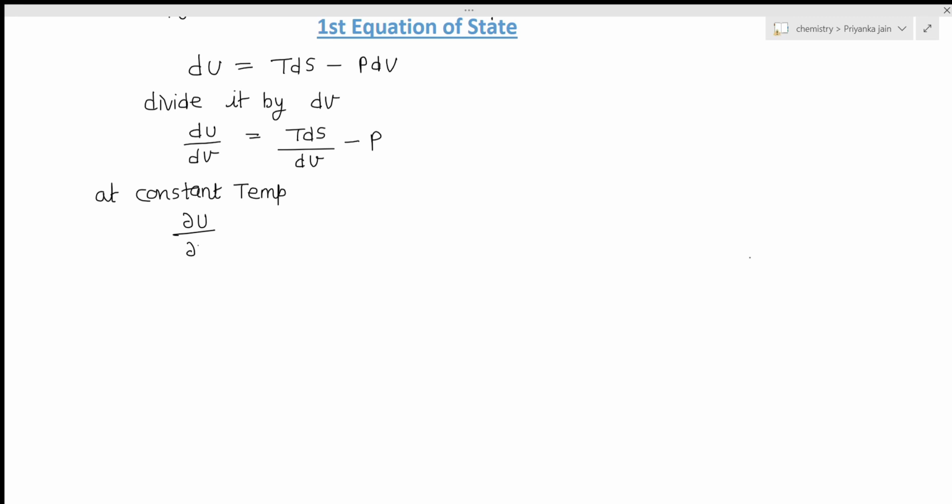So del U upon del V at constant temperature will be equal to T del S upon del V at constant temperature minus P.